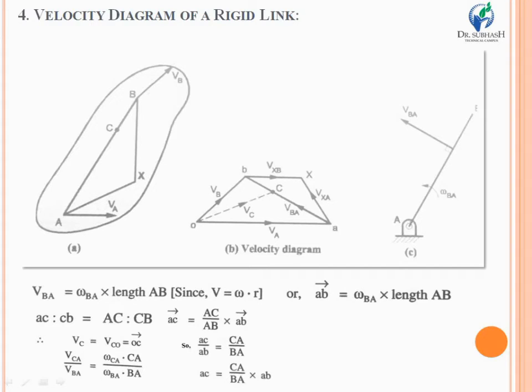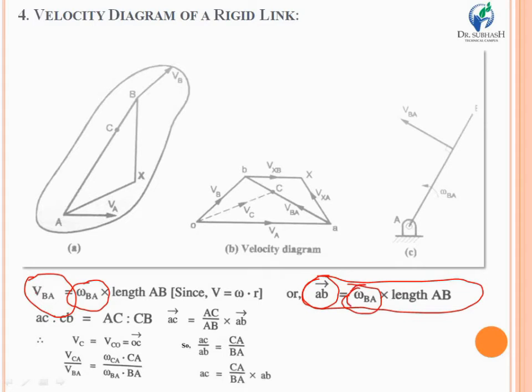If you convert this relation in terms of vectors, the VBA will be replaced with the vector ab as well. Omega BA remains omega BA, whereas length AB you measure, and you can convert this entire relation in terms of the angular velocity of link B with respect to link A.